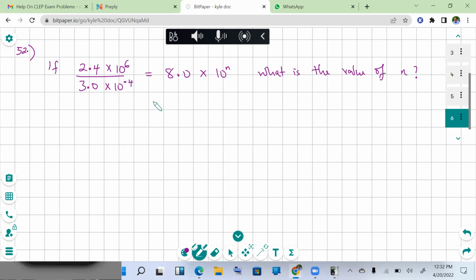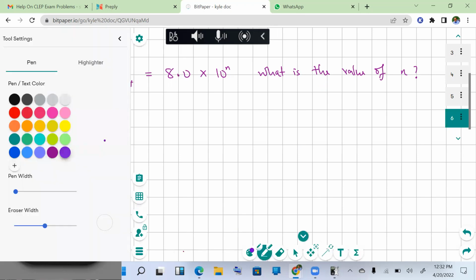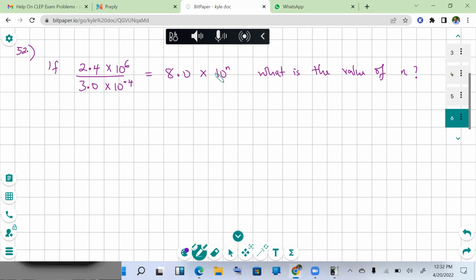So for questions like this, we usually tend to ignore the right hand part of the question. So I'm going to ignore the 8.0 times 10 to the power n, and focus on simplifying the 2.4 times 10 to the power 6 divided by 3.0 times 10 to the power of negative 4. So how do we go about this?